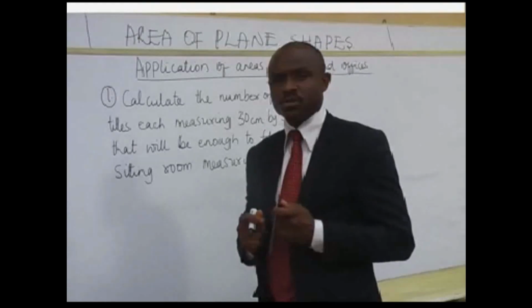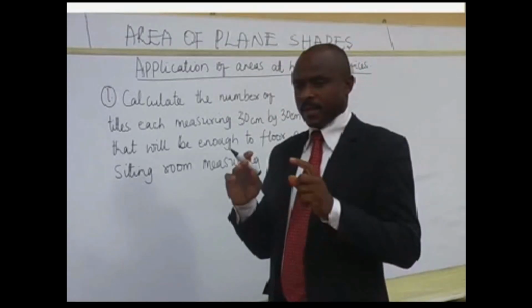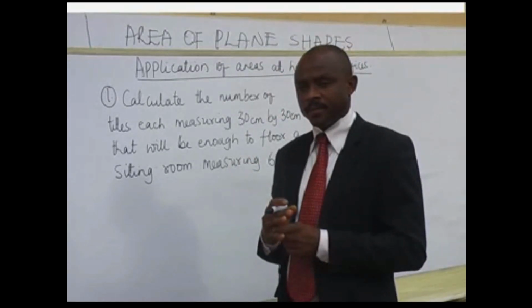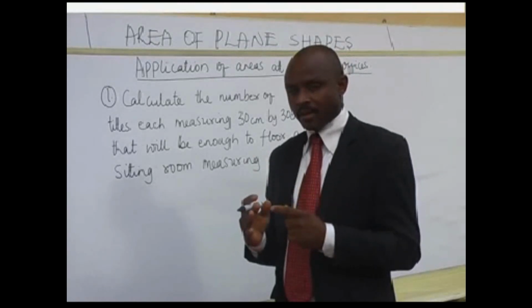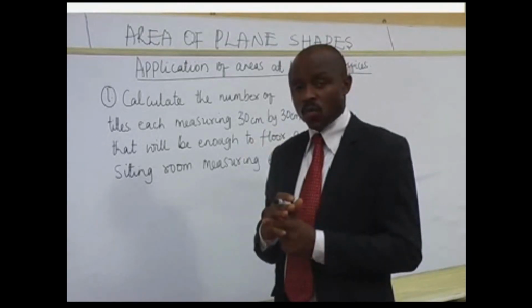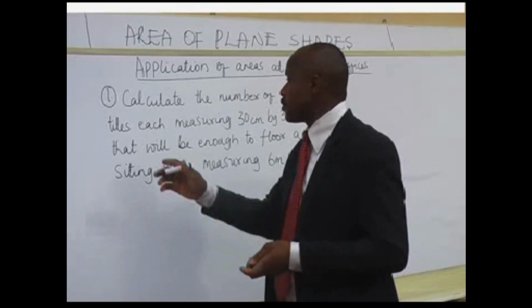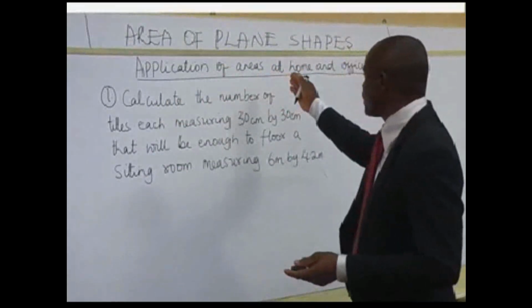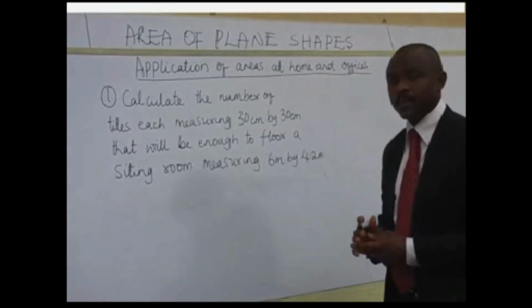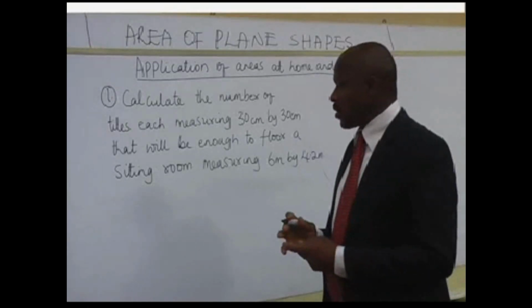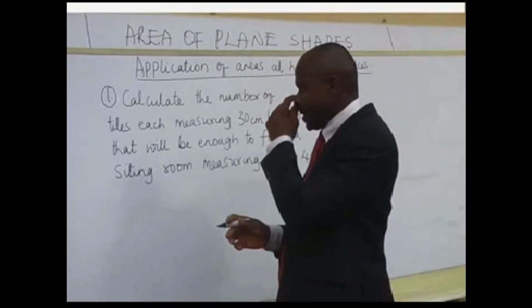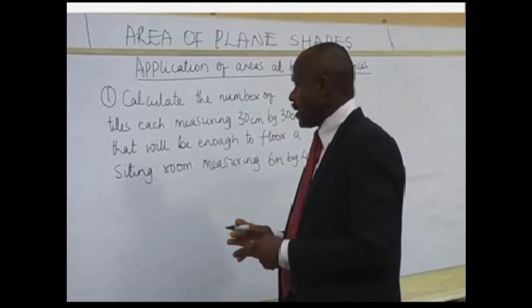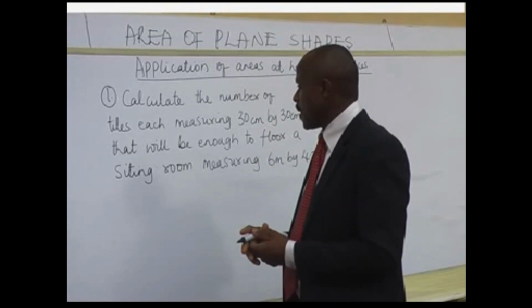Now I want us to discuss the application of the principles of area in our homes and offices. And that was why you saw me writing application of areas at home and offices. The first question I want us to take in that issue is this question.